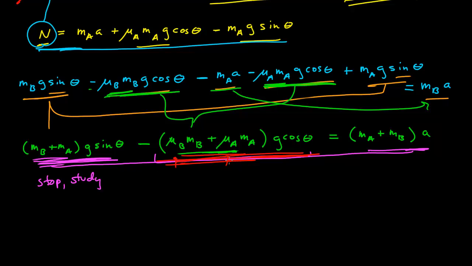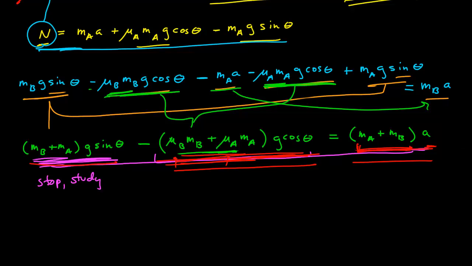And the gravitational term minus the frictional term gives us the total mass of the system times the acceleration of the system. And so the difference gives us the acceleration, and the constant of proportionality is the two masses. All of that makes sense. There's a gravitational term providing the sliding, and a frictional term opposing the sliding, which gives me an acceleration proportional to both masses. So that looks right to me.